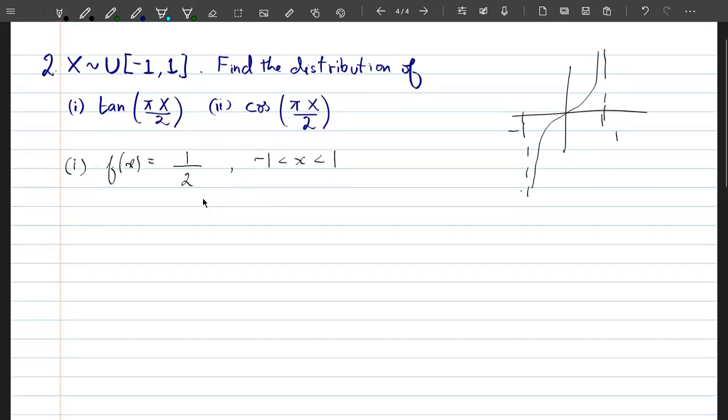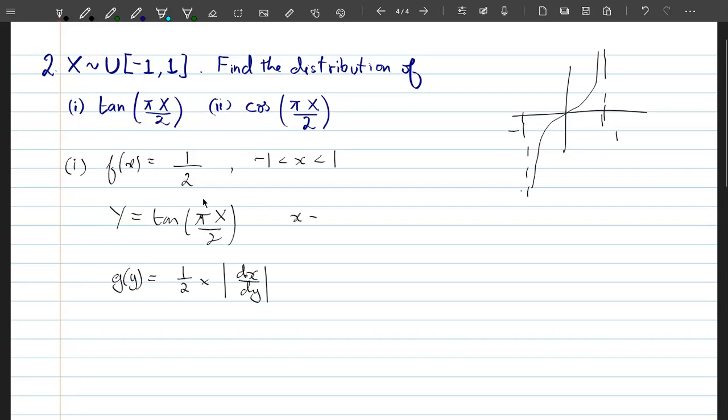And therefore the PDF of y, let's take y equal to the given function. So y is equal to tan of pi x by 2, since the name is not given in the question. The PDF of y is PDF of x multiplied by modulus of dx by dy.